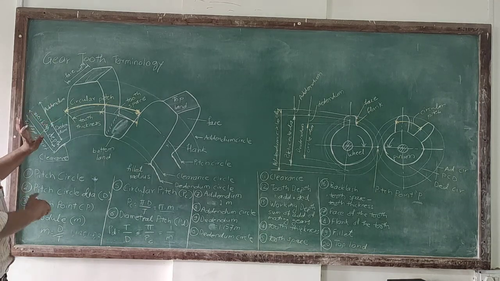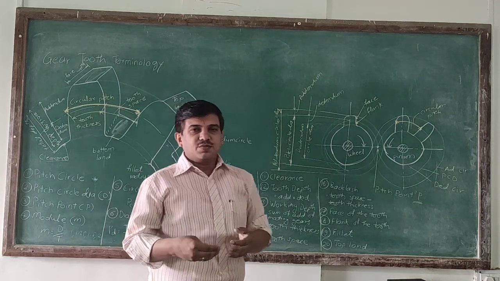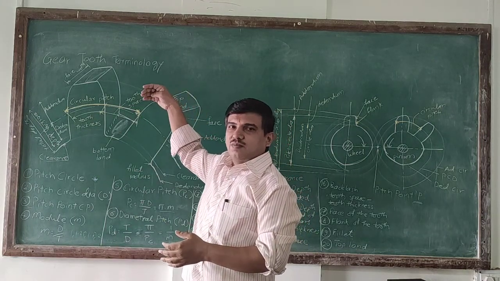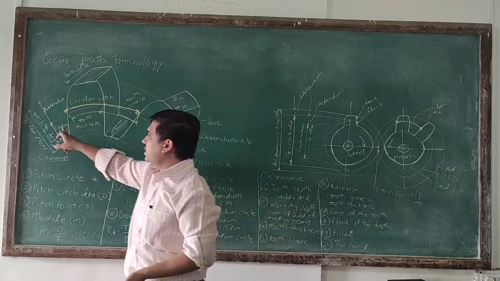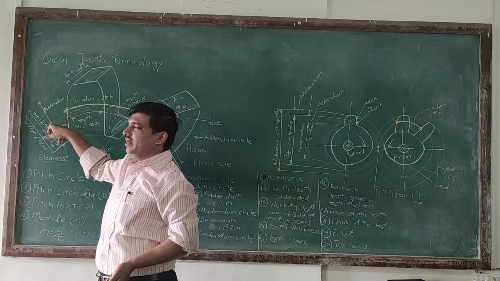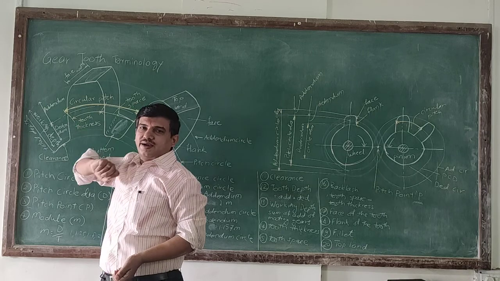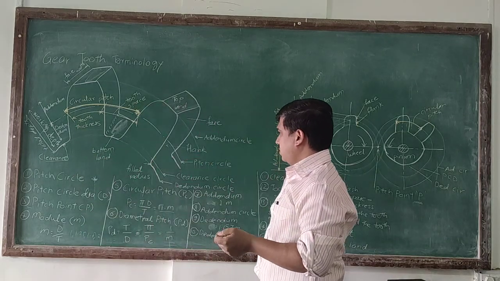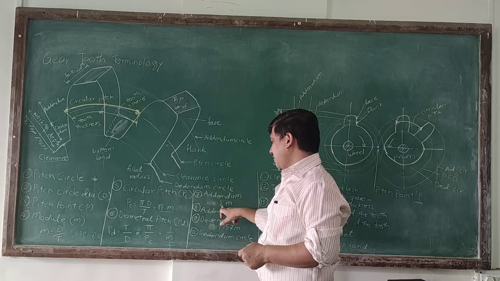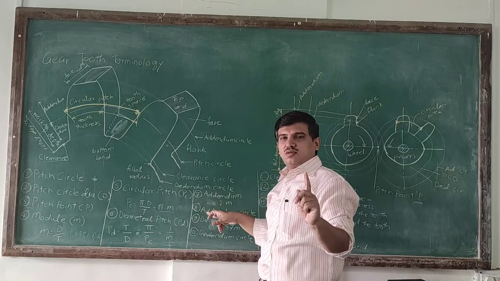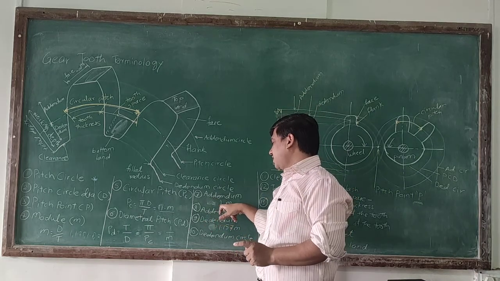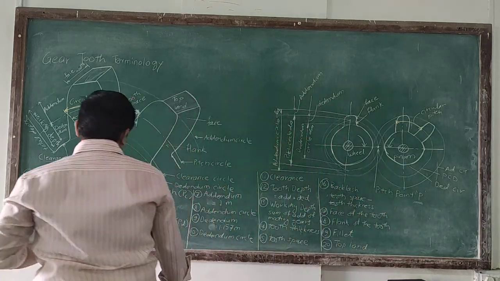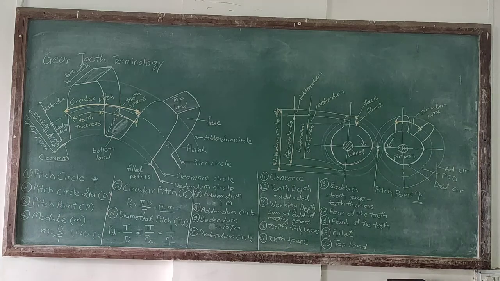Radially outward, if we measure that distance from the pitch circle to the addendum circle, then whatever radial distance we get, that is nothing but the addendum. Understood? Theoretically, while designing, we keep addendum as one module. I think you have understood the concept of addendum.